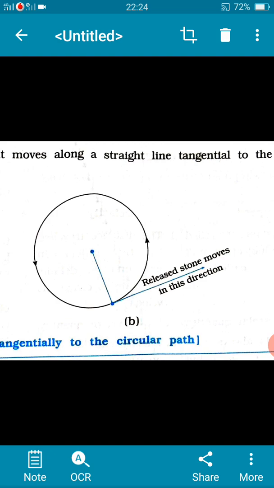In the same way, draw one more graph from page 106, and then from page 107, activity 8.9, that is table 8.4, and activity 8.10, that is table 8.5. So draw 3 graphs on graph paper and stick that page to your notebook.